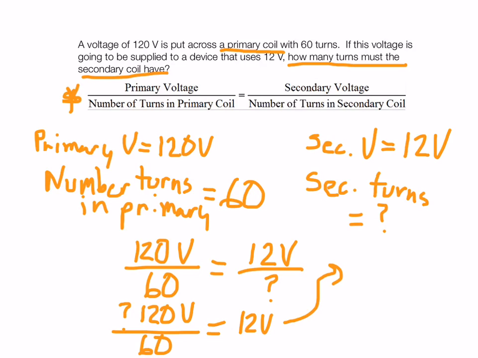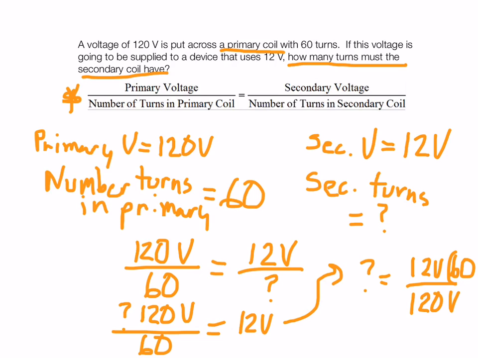So now what I need to do is to get the number of turns on a side by itself. And so what I'm going to do is divide both sides by 120 volts and multiply both sides by the number of turns, 60, in the primary coil.